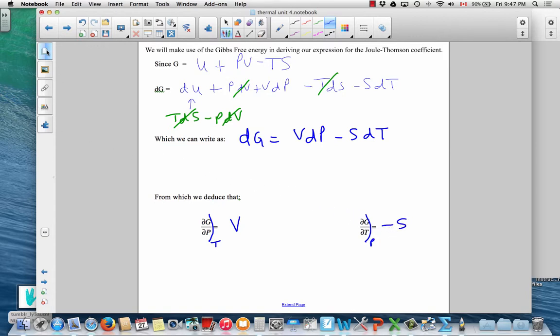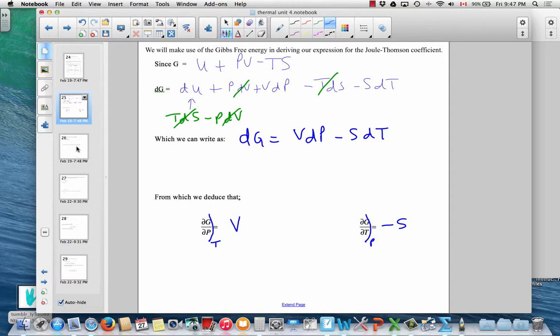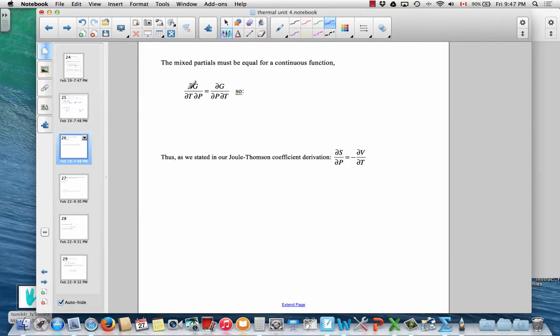Okay, now what's typically done with these problems is you take the next derivative. So you'll differentiate this one with respect to T and this one with respect to P, and then say those two must be the same. So these are called the mixed partials, and they will always be equal for a continuously differentiable function.